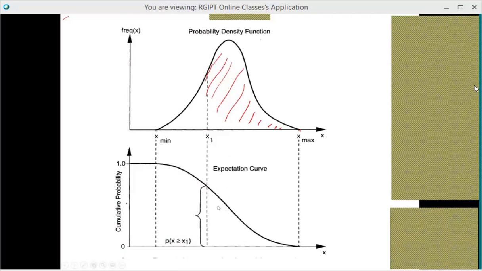So P50 means there is a 50% probability that the correct value is between the P50 value and the maximum value. Okay.